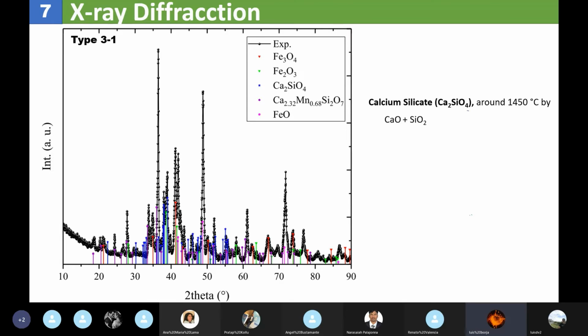The calcium silicate is a compound formed by the reaction of calcium oxide and silicon oxide at a temperature of around 750 degrees. Please, the next one.